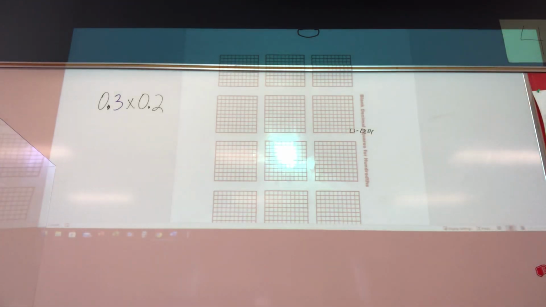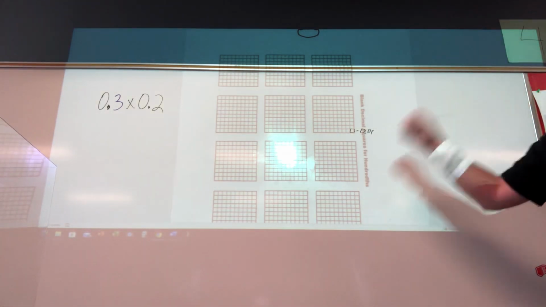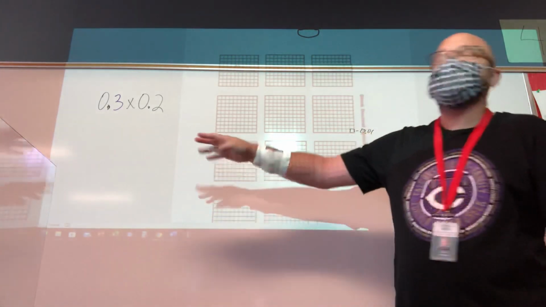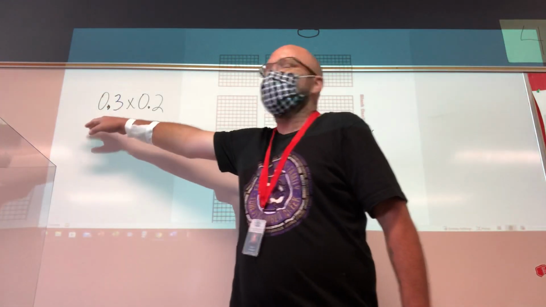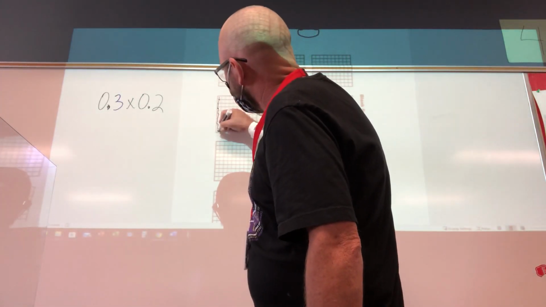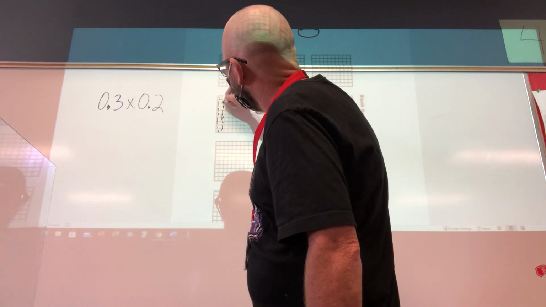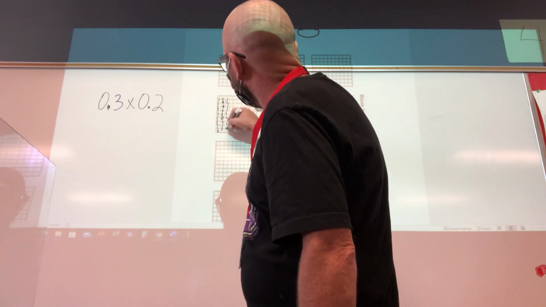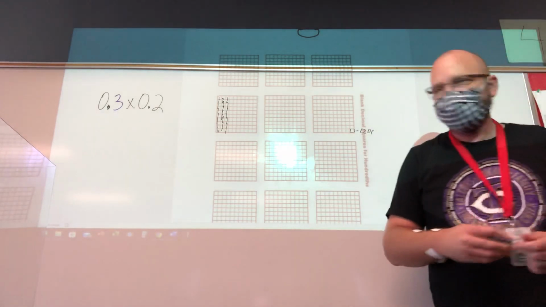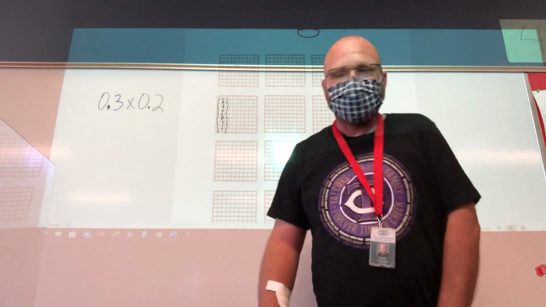So when you're multiplying, you're counting how many squares are shaded in by both of them. So our first step is to take 3/10, and we shade in 3/10. As my friend Chloe told us, each one of these is worth 1/10, so that is 3/10. Are we doing this? You're doing it on your paper with me.